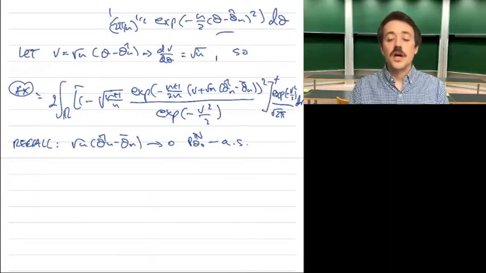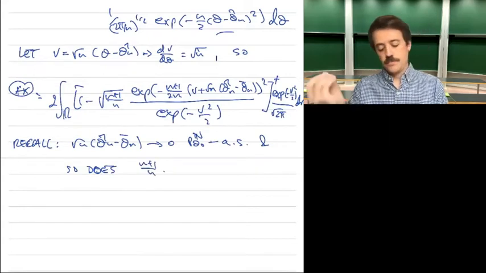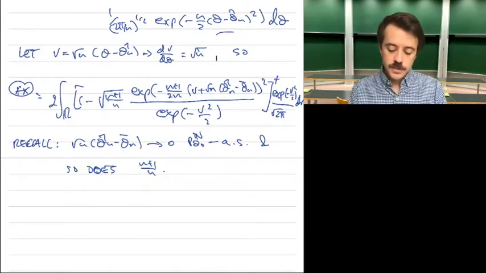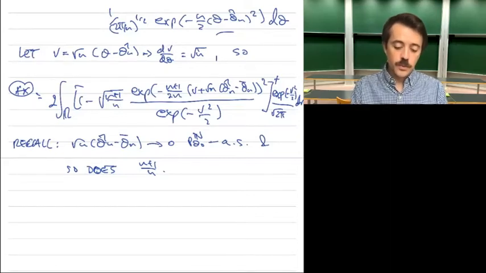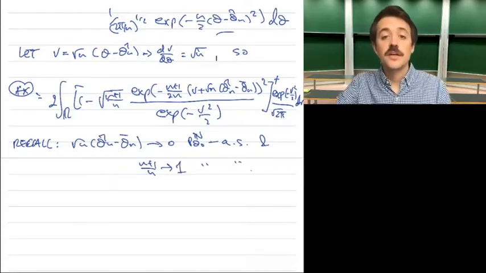And n plus 1 over n goes to 1, also almost surely, which is rather silly to say.